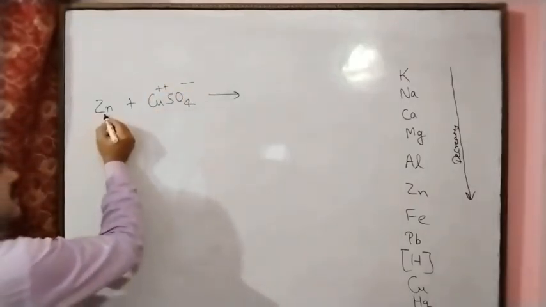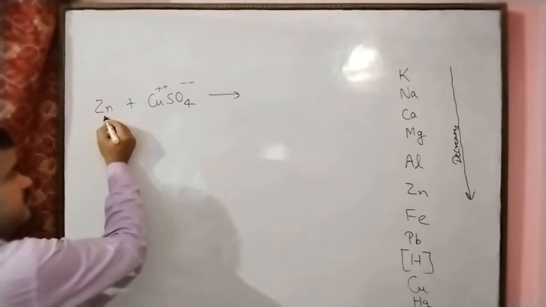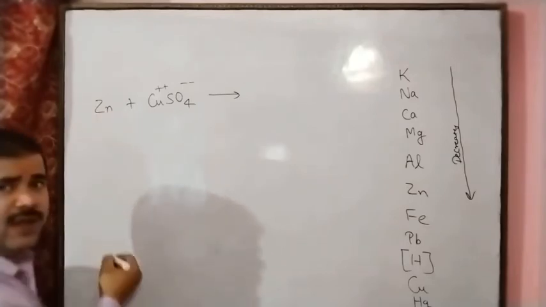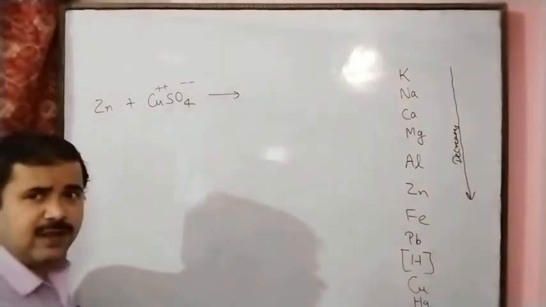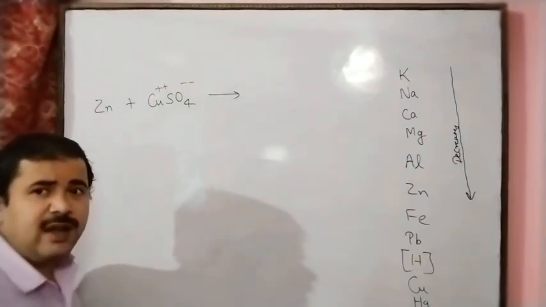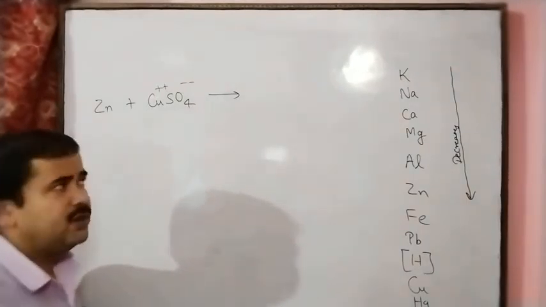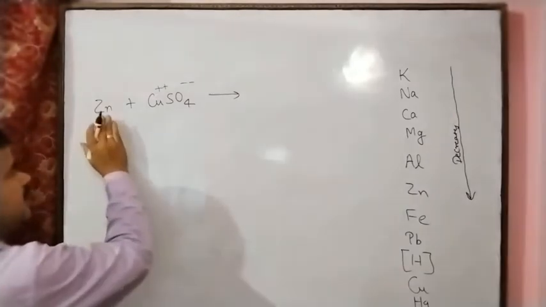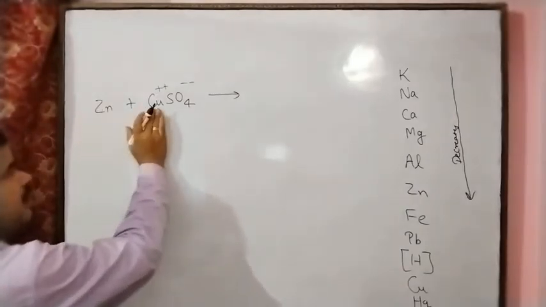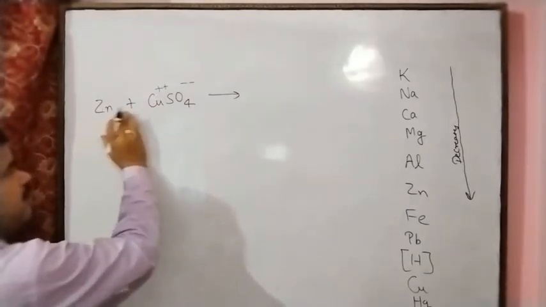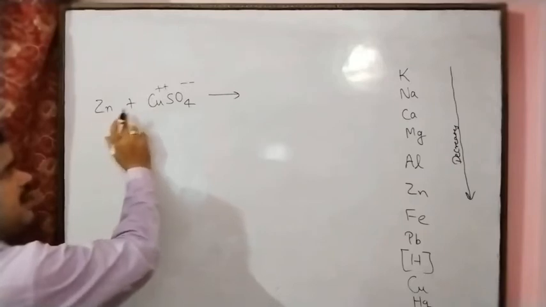Zinc is also a metal with a positive character, an electropositive nature. We will compare the activity of zinc and copper.